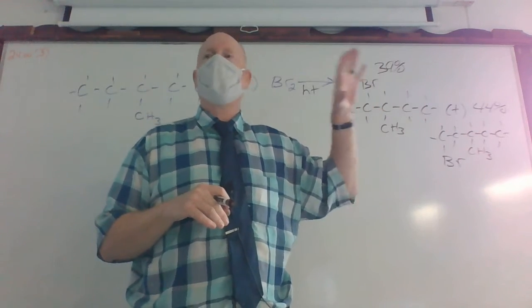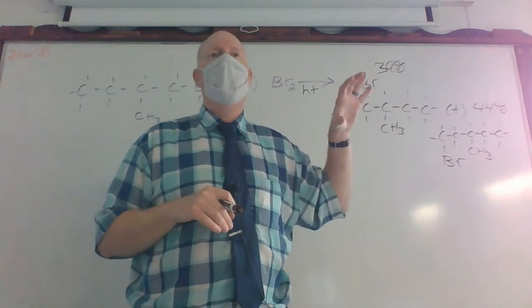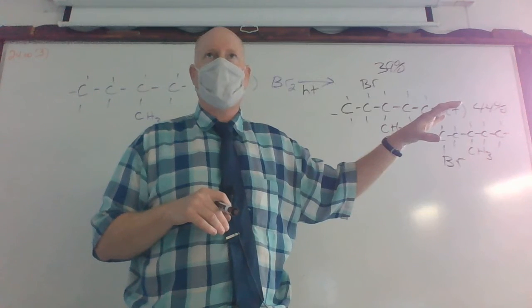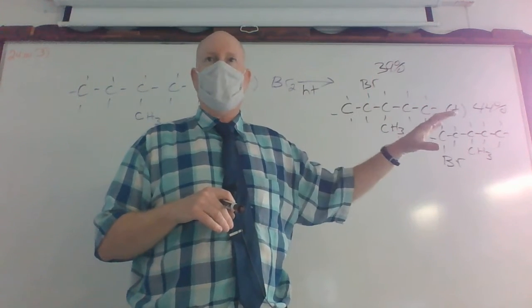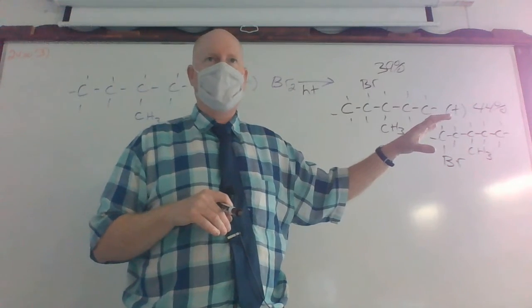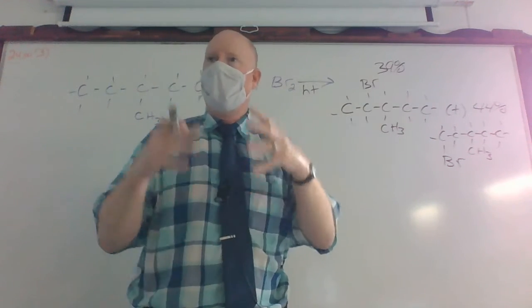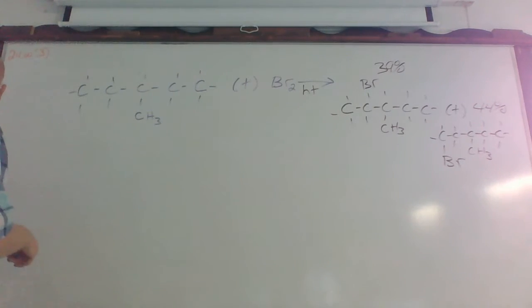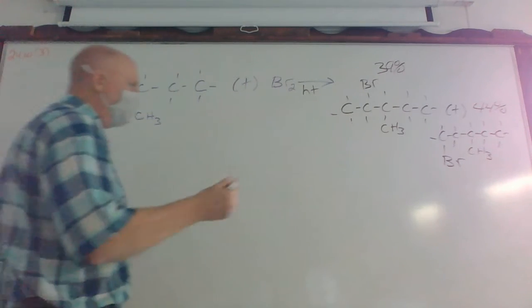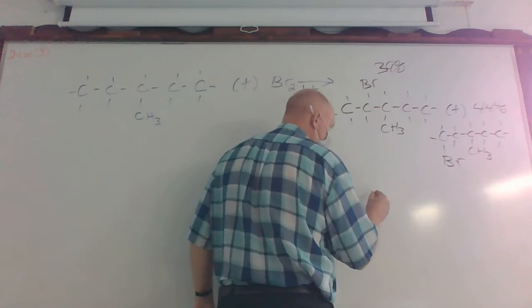You're supposed to create chlorobutane and 2-chlorobutane. So we need to know what that means. What does chlorobutane look like? How many carbons?